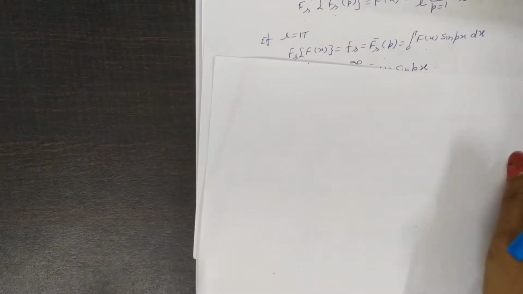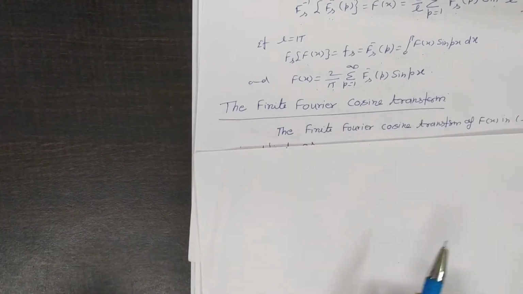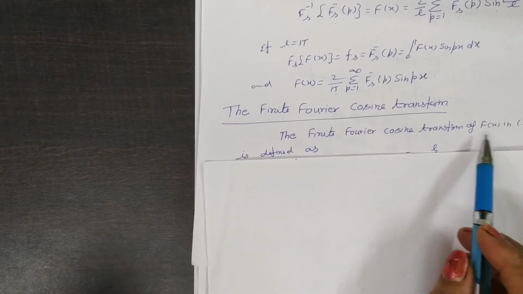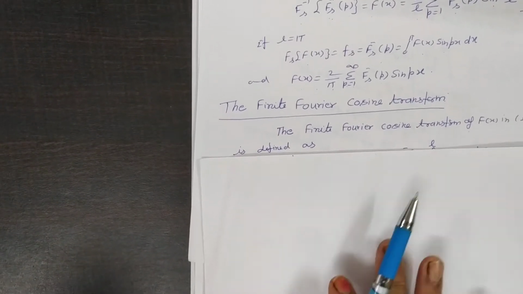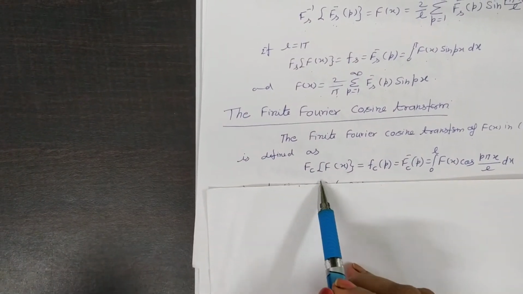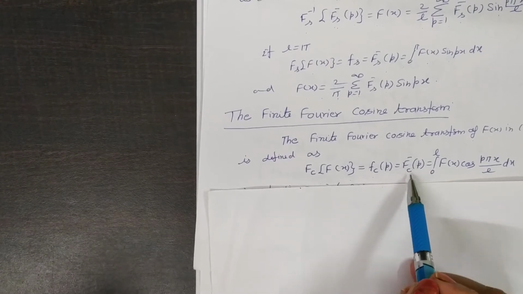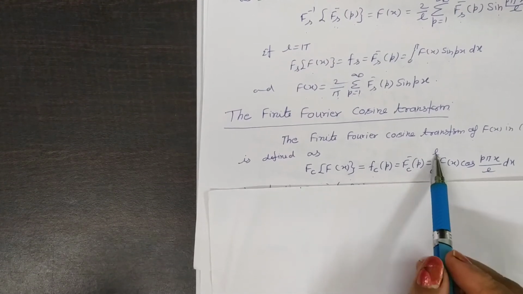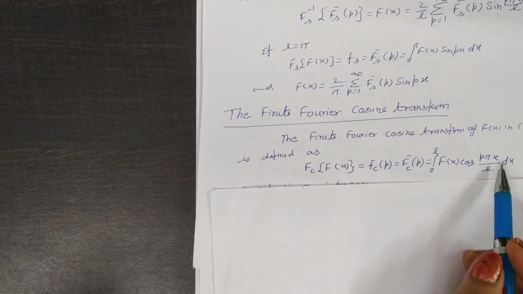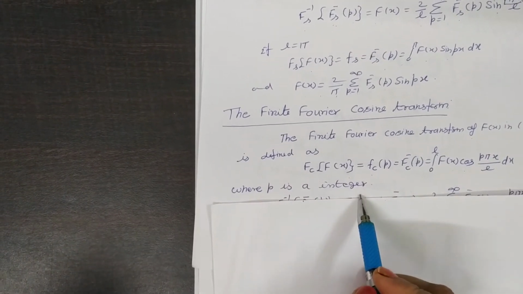The finite Fourier cosine transform of f(x) in (0, L) is defined as F_c{f(x)} = f̄_c(p) = ∫ from 0 to L of f(x) cos(pπx/L) dx, where p is an integer.